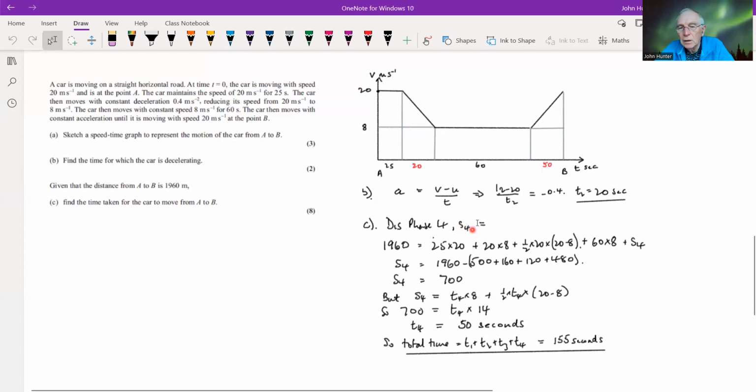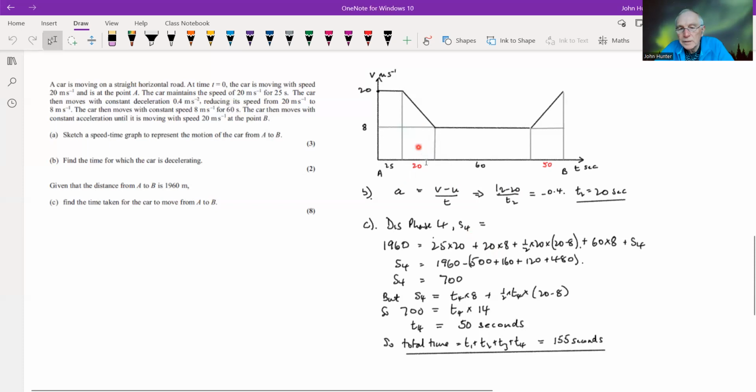So the total distance for this phase is going to be given by this equation. The total distance for the whole thing is 1,960, and that's made up of this area, which is going to be 25 times 20. Then this area, which I've split into two. Could do it as a trapezium, but I've chosen to do it as a rectangle and a triangle.